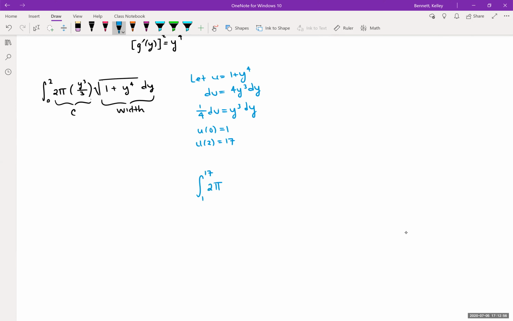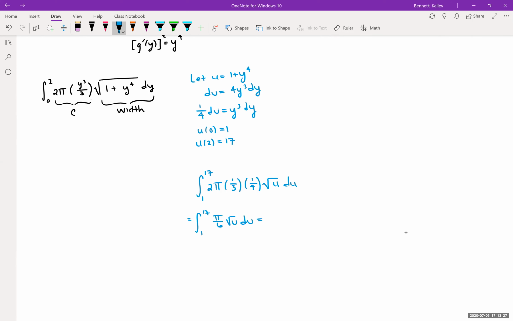2 pi, that didn't change. I still have the 1/3, but y cubed dy, that became 1/4 du. And 1 plus y to the 4th was u, so I just have root u. Okay, so if I simplify this a little bit, 1 to 17, so this is going to be pi over 6 root u du.